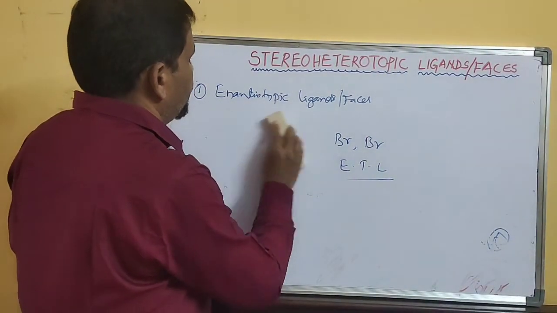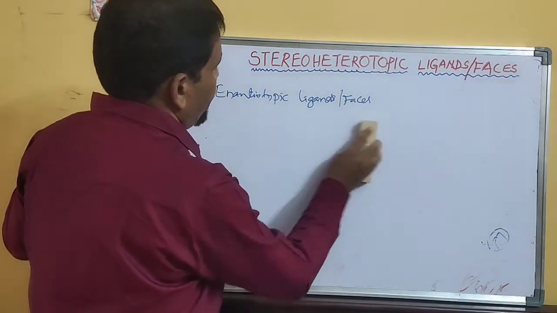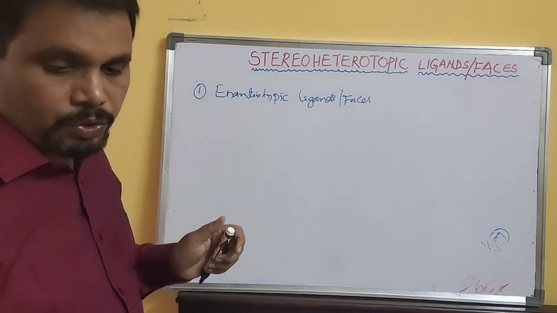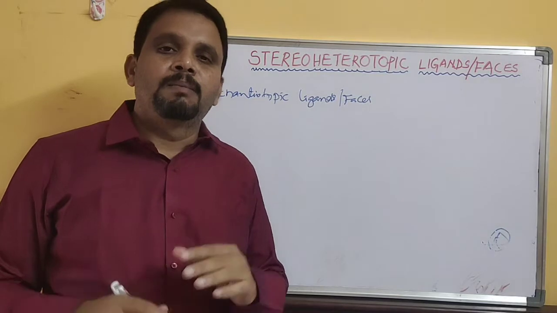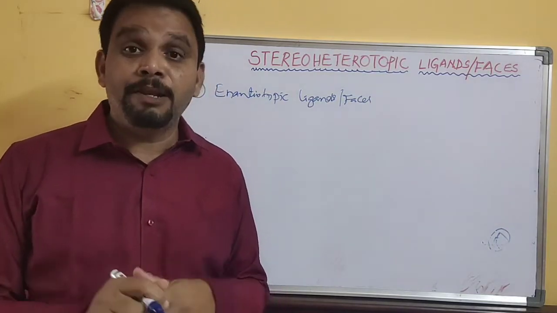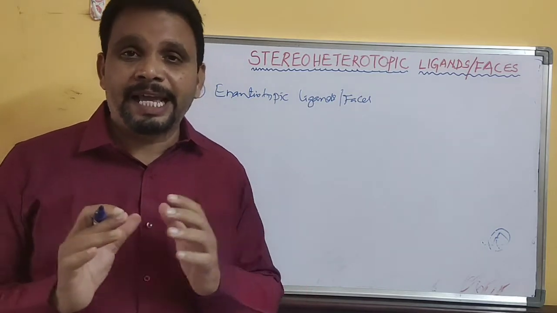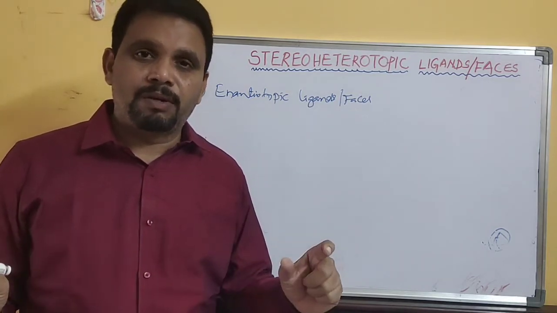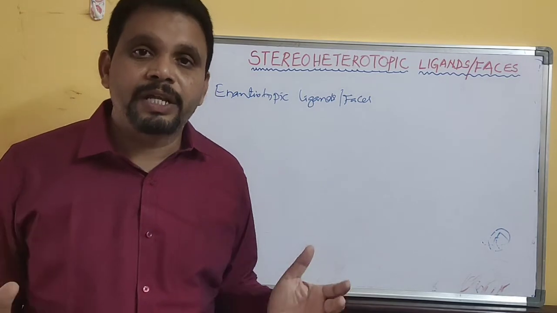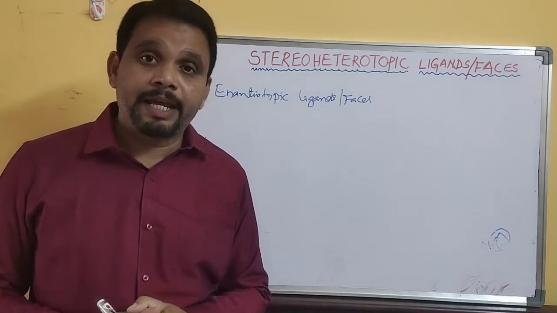I'll give another example. Till now you have seen the plane of symmetry. With the help of a plane of symmetry, the two atoms or groups or ligands can be exchangeable, then they can be considered as enantiotopic ligands.